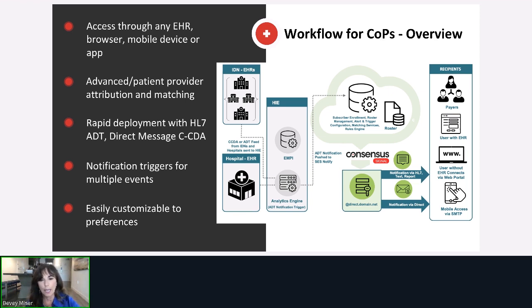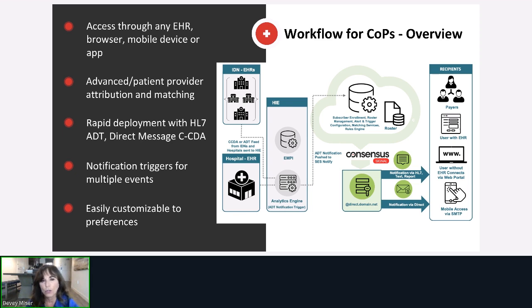EHRs today have an additional provider team that is attached to that patient record. If that's not within the EHR, many hospital systems have a patient roster and a provider directory, and it can match. It can do that important attribution and matching.